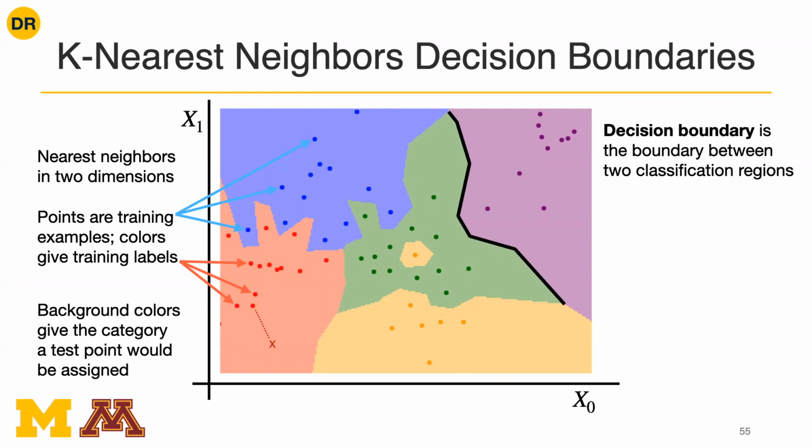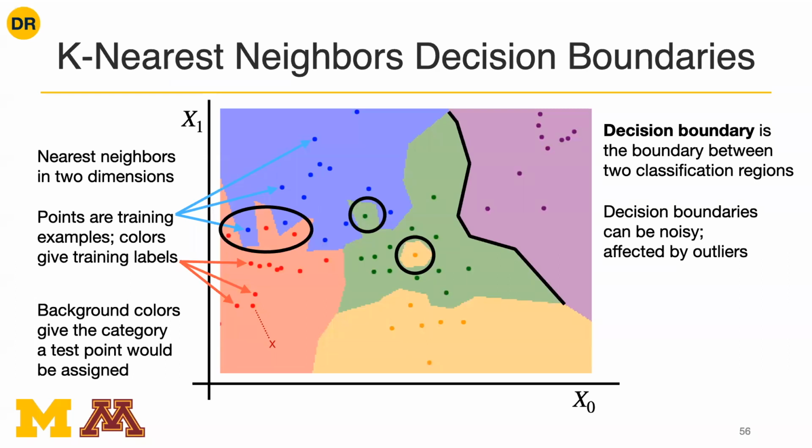And now if you think about it, there are some rough or noisy boundaries, because for instance, it could easily be that when this one belongs to the blue label, you could have had a decision boundary like this. It need not have gone with that particular shape. So decision boundaries can be noisy if you're using nearest neighbors.